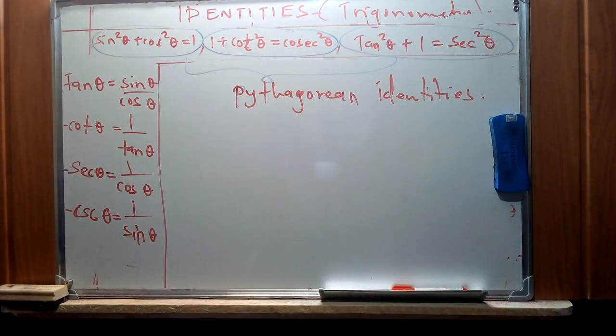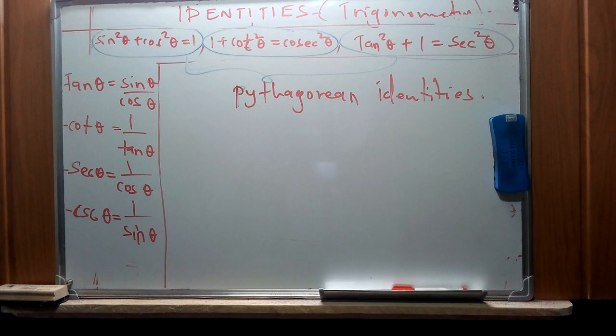And as we said, these identities are very much essential, especially in dealing with problems that involve trigonometric functions, in that they are used to simplify expressions and also to determine whether expressions are equivalent.